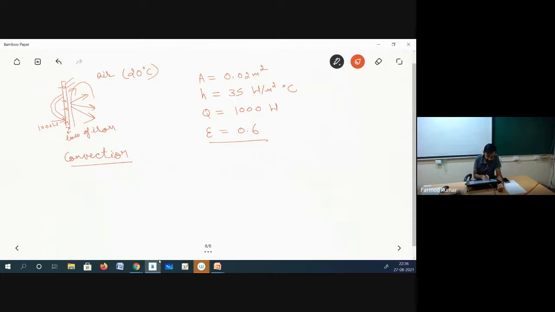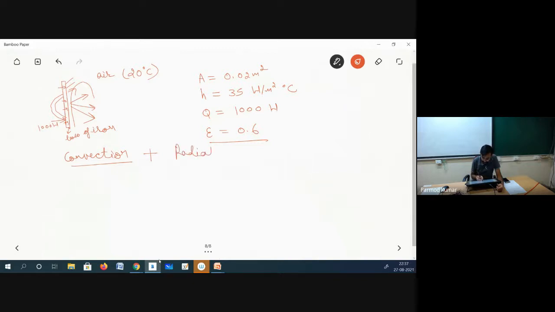That's why the phenomenon here will be convection. And it is always known to us that any body above absolute zero temperature emits radiation. Unless it is given in the question, or the situation is such that radiation is negligible, we always have to consider the radiative mode of heat transfer. So we have to quantify convection plus radiation heat transfer.